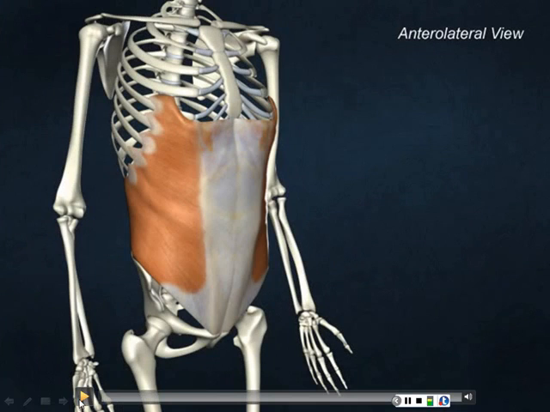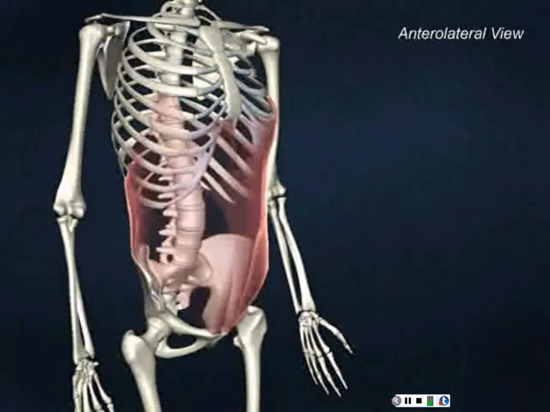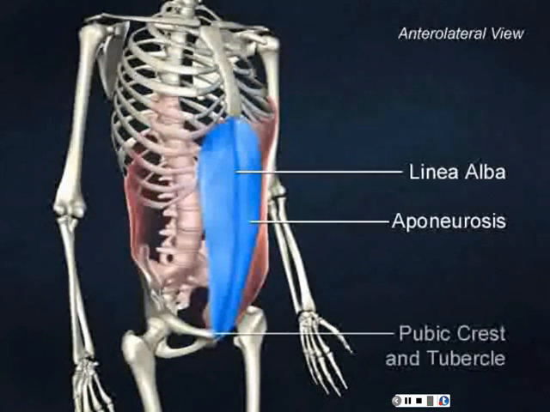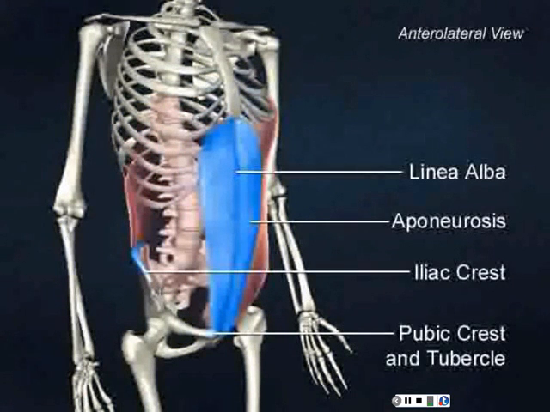This is the external oblique. The origins of the external obliques are from ribs 5 through 12. The insertions of the external obliques are to the linea alba via its aponeurosis, the pubic crests and tubercles, and the iliac crests.